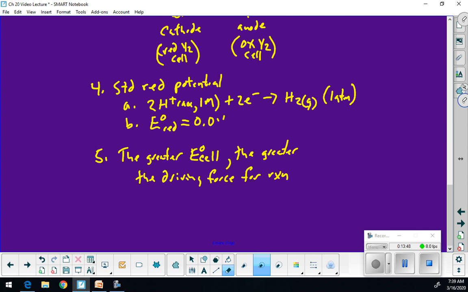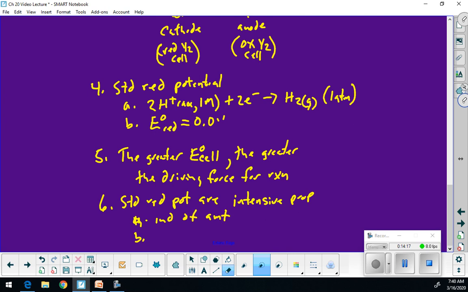One other thing about standard reduction potentials is that my standard reduction potentials are what? An intensive property. What does that mean? They're independent of amount.